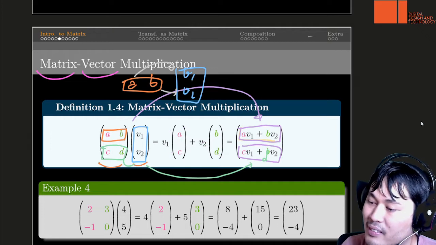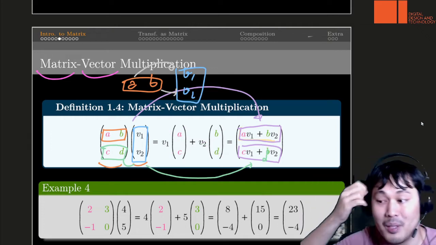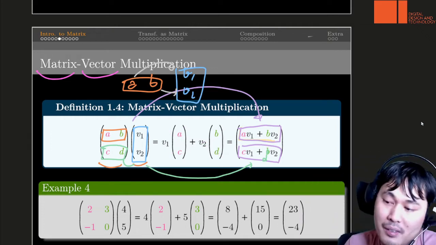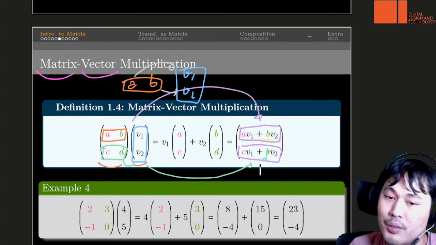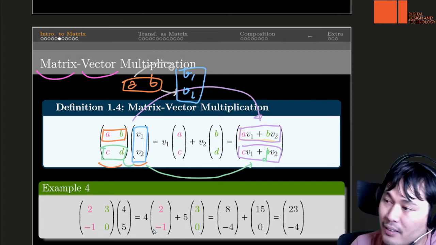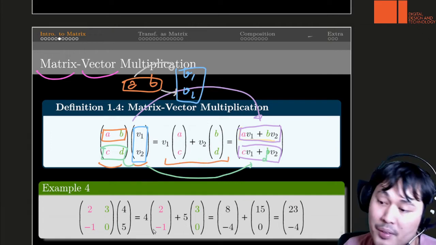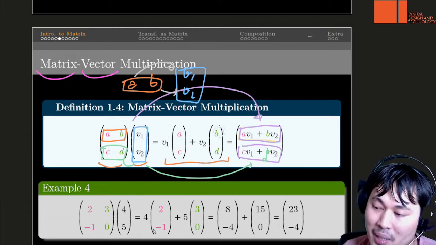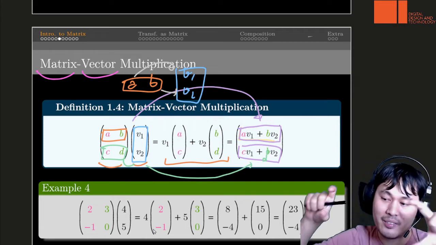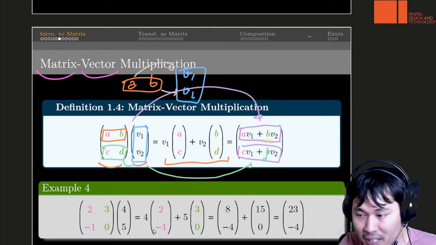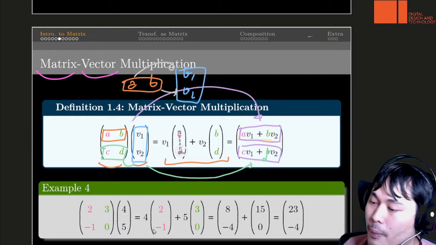Right? But then another way, which I'm not sure is more intuitive, but it makes sense in the context that we are going to study, is that, let's take a look at the middle part. Right, so here you see that A and C and B and D are still in the corresponding position. And A is still on top, C is still at the bottom.